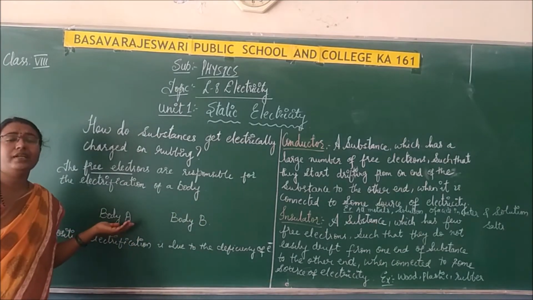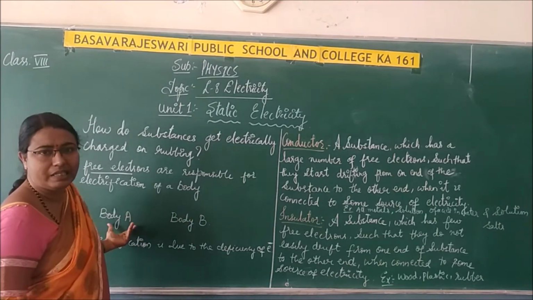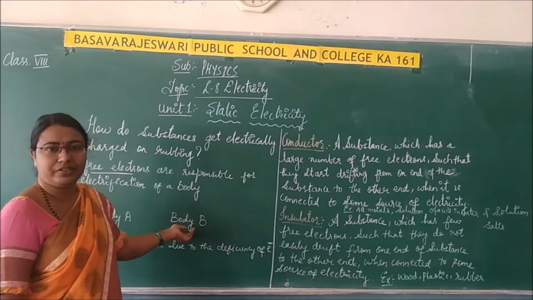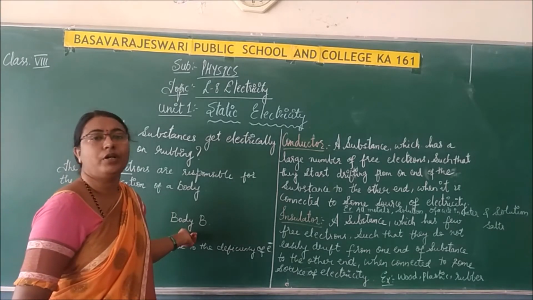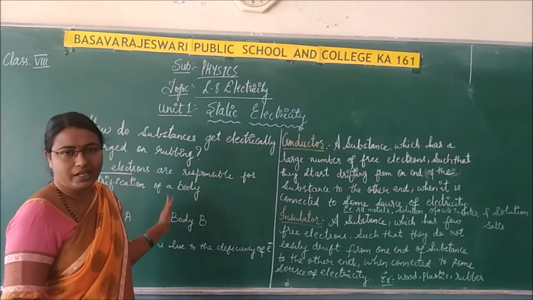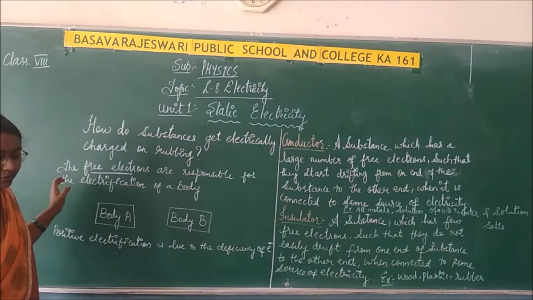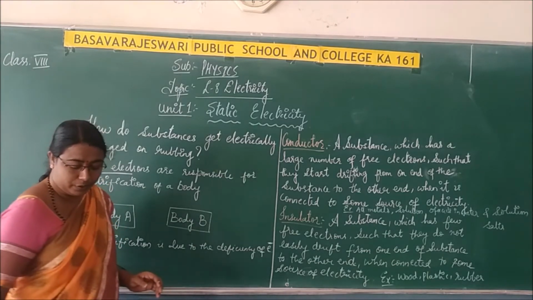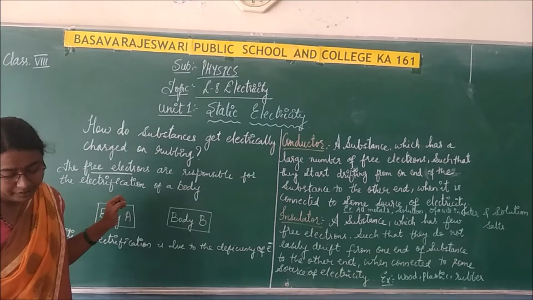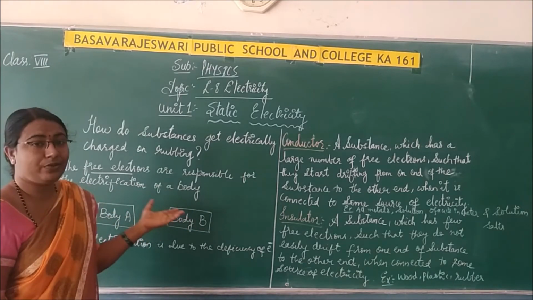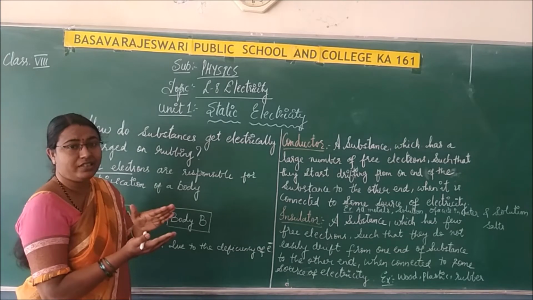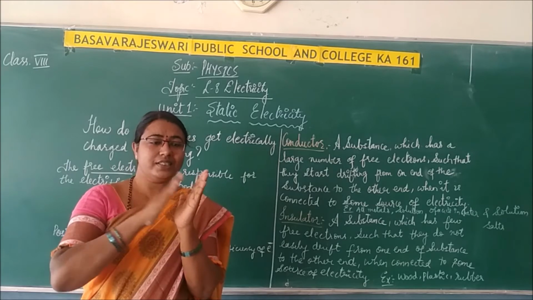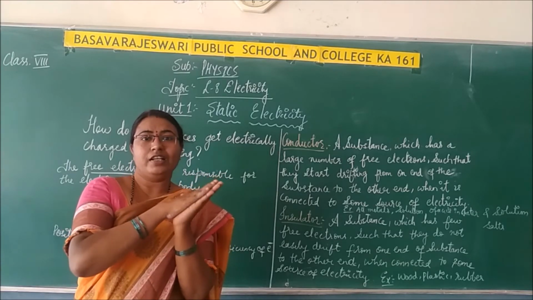Now let me give an example. Here I have taken a body A and a body B. I am not mentioning whether it is an ebonite rod or a glass rod or a comb or a balloon. We are just considering a body A and body B. When body A is rubbed against body B, body A loses the electrons. So I am taking body A and rubbing it with B. What happens?